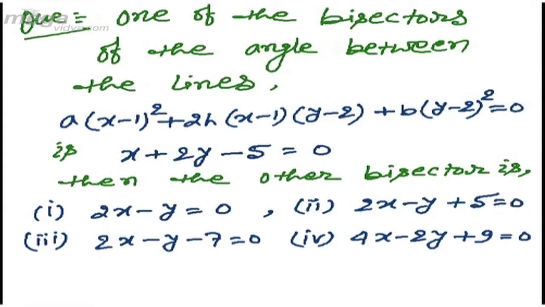The fourth is also 2x minus y plus 9 upon 2 equal to 0. It means, student, we can't guess any option. So we have to solve the question and then check which one is the correct answer, because every option is written in the form of 2x minus y plus k equal to 0. So all the best.